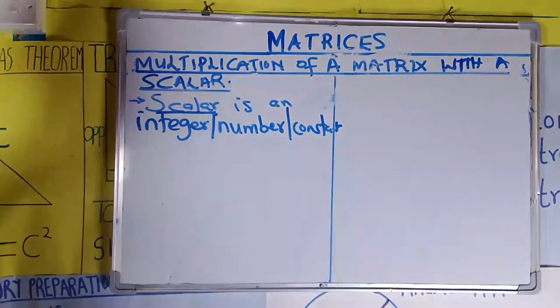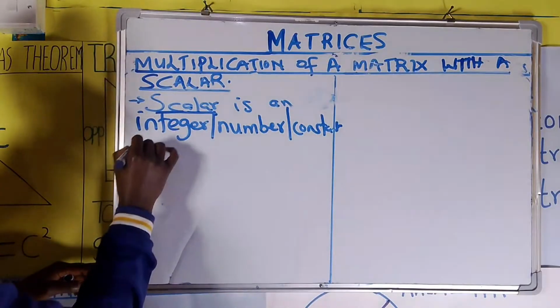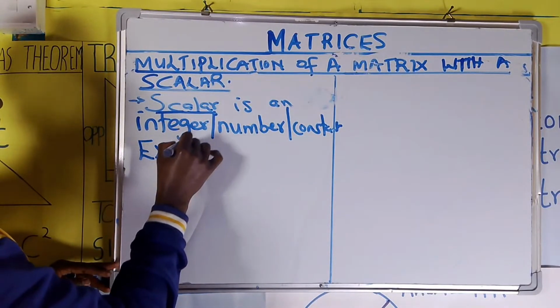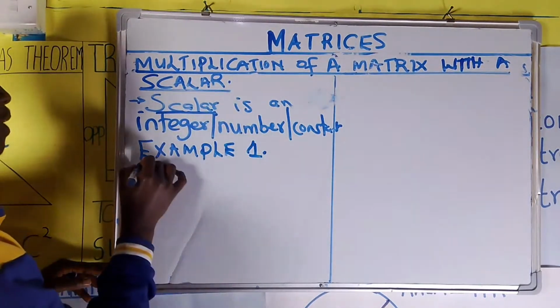For us to multiply a matrix with a scalar, we will have our first example. Example 1.